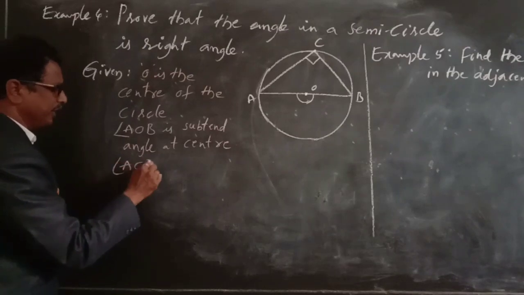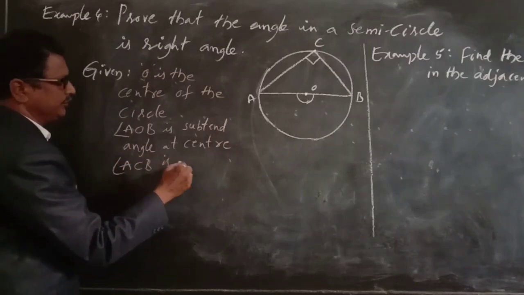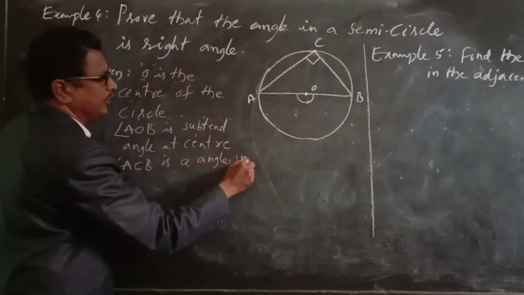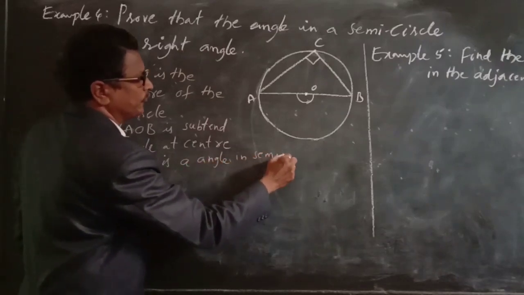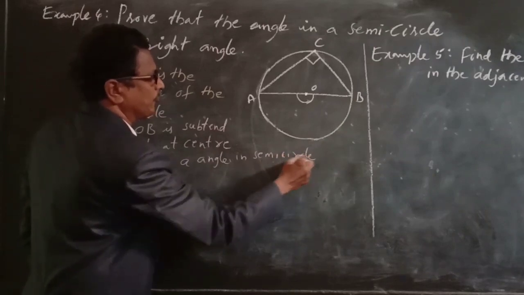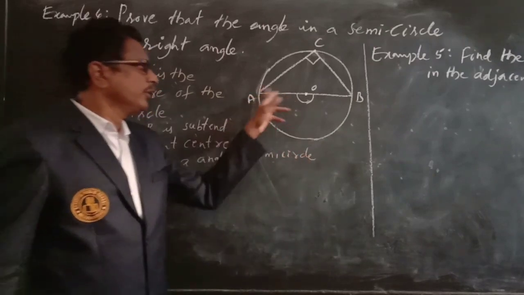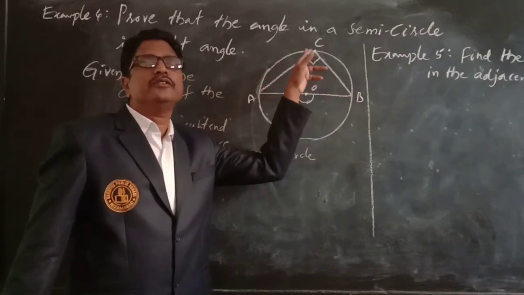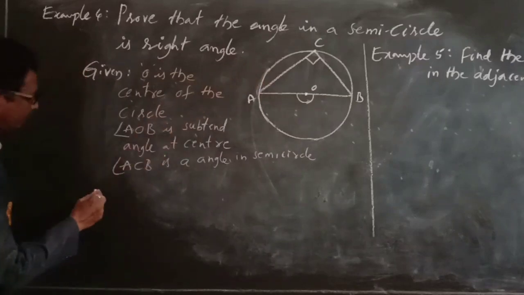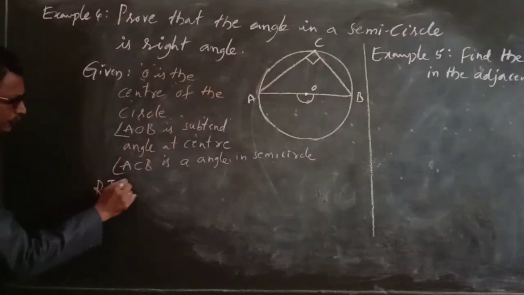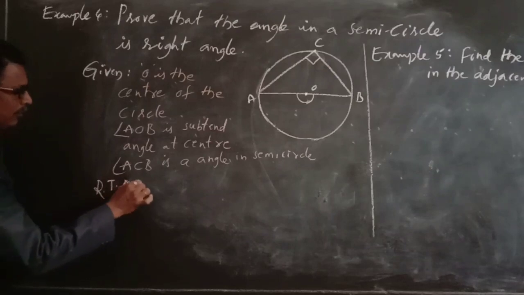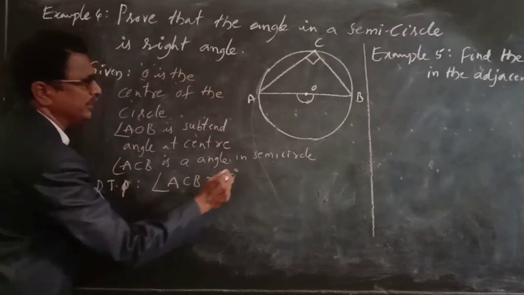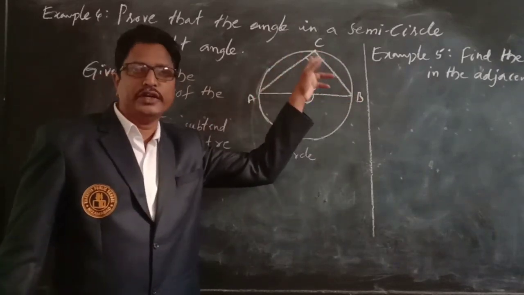Angle ACB is the angle in the semicircle. O is the center of the circle, and ACB is the angle in the semicircle. What is angle ACB equal to? Angle ACB equals 90 degrees. That we have to prove.